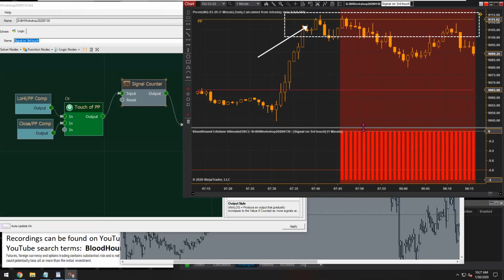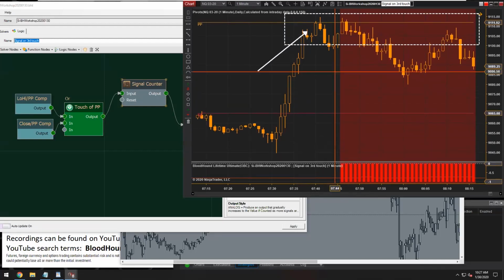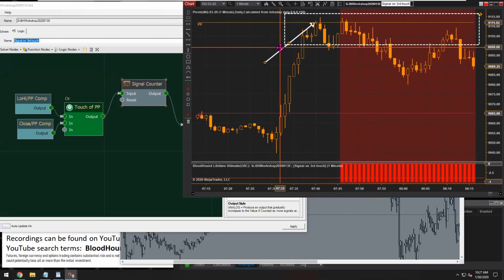And there we have it. We got 1, 2, and then there is the third touch. When looking at this bar, you might consider that it is touching, but again, you need to figure out exactly what your definition of a touch is, because the high of the bar went too far high and the close of the bar is down there.